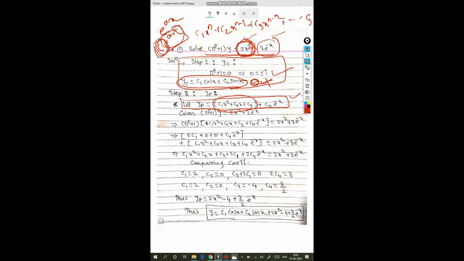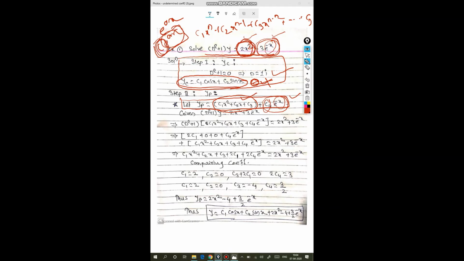But generally, we come across at most a second degree polynomial. Now we assume the corresponding yp of e raised to minus x as c4 e raised to minus x. Keep the same function, only the constant we have to find out.